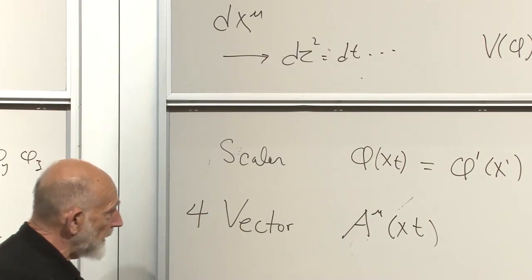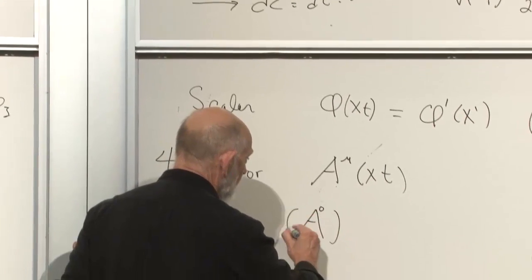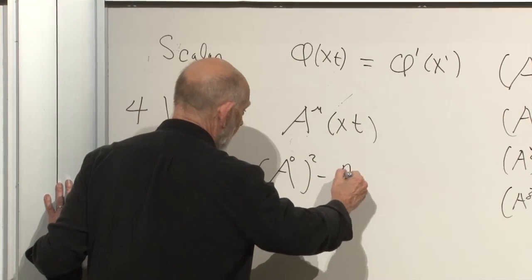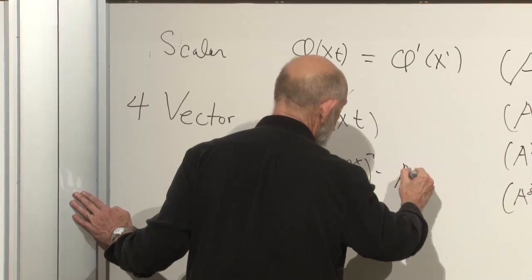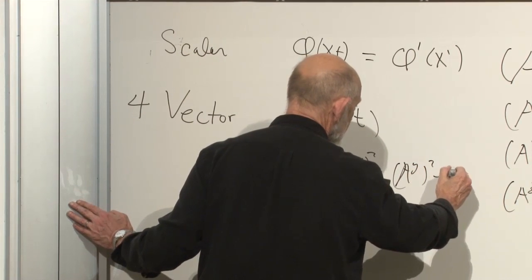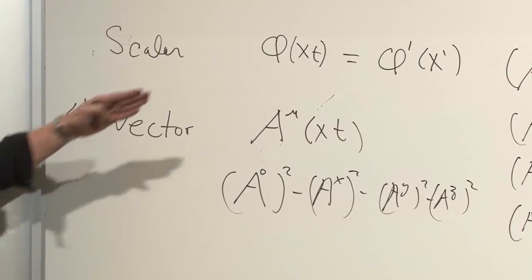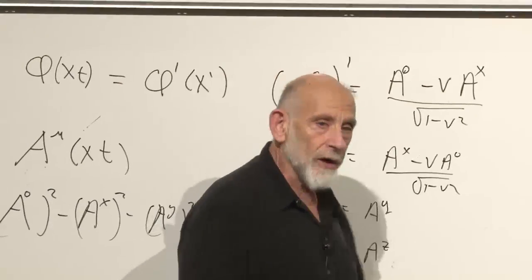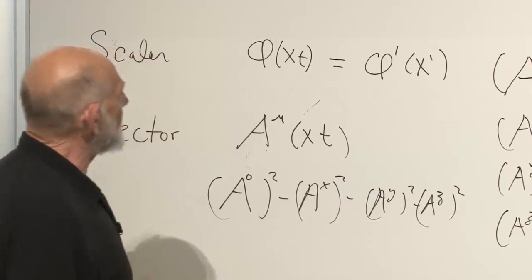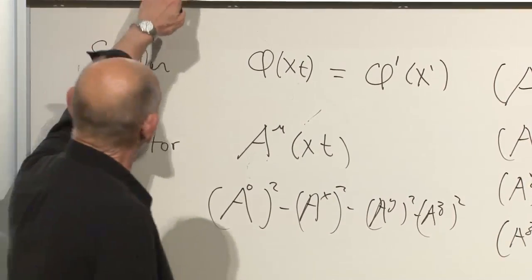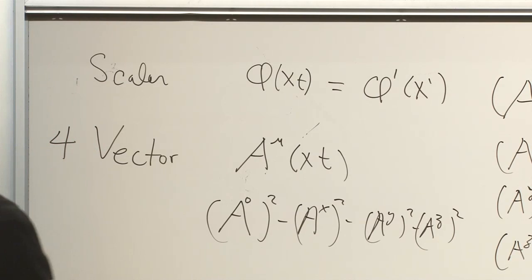In the same way, every 4 vector can be used to make a scalar, and it's just a naught squared minus a x squared minus a y squared, and so forth. It's a scalar for exactly the same reasons. Once you know that the a's transform the same way as the x's, x and t, then by the same little bit of algebra, you can see that the difference of the squares of the time component and the space component will not change under a Lorentz transformation.